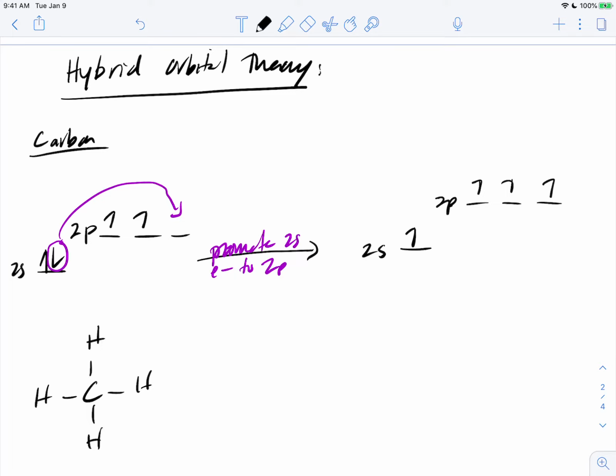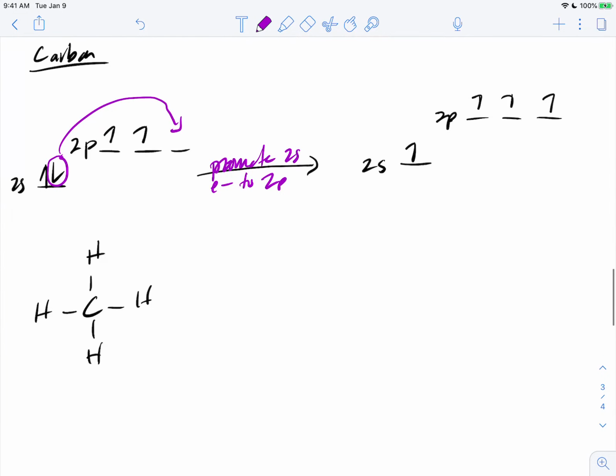So to determine how many orbitals you need to hybridize, you're just going to circle the number of electron groups. And so we have 1, 2, 3, 4. So 4 electron groups.